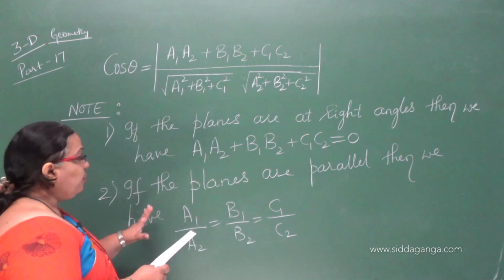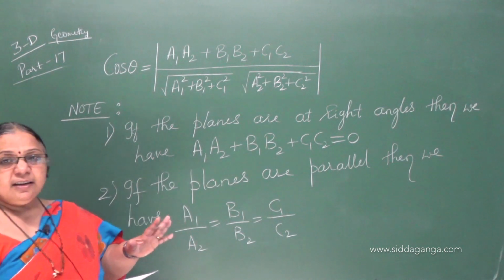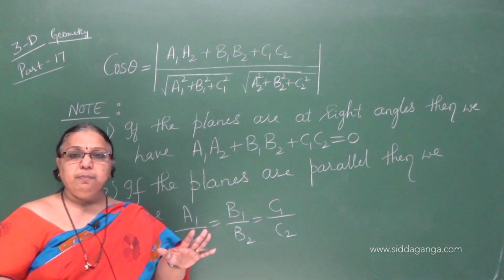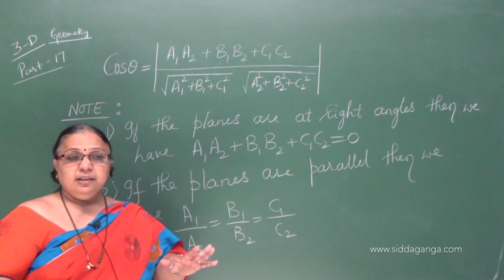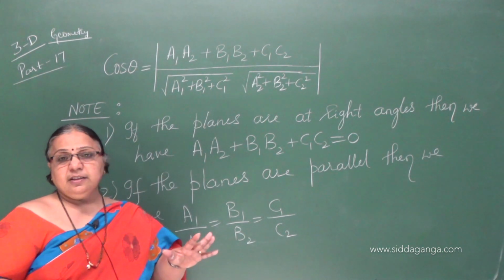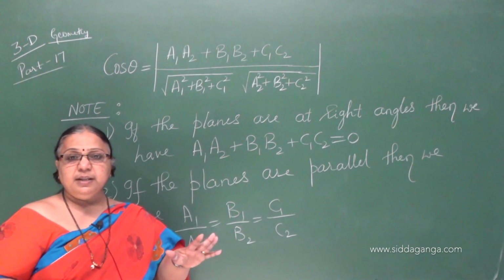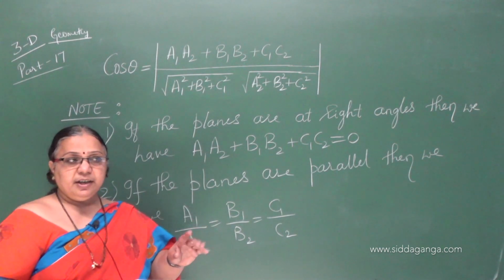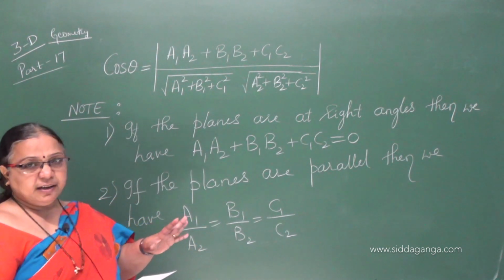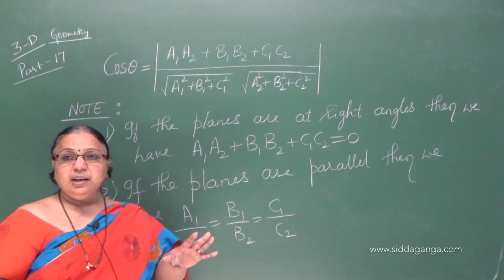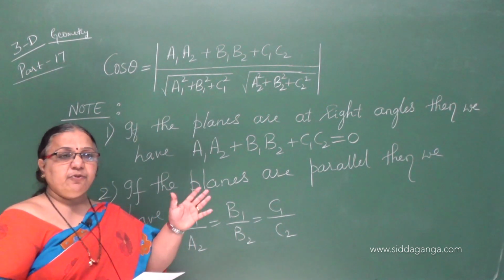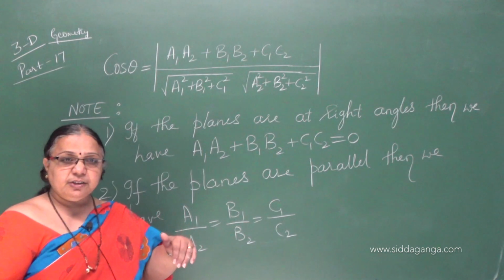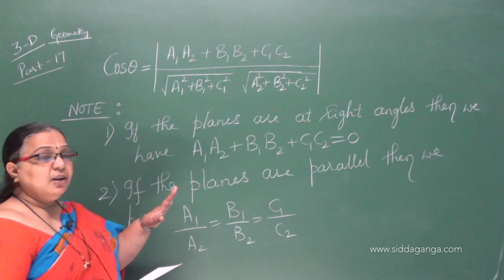So that is all for us. The angle between the two planes is defined as the angle between the normals drawn to the planes at the common point. If theta is the acute angle, then cos theta equal to, both in vector form and in the Cartesian form, we have written the formula.